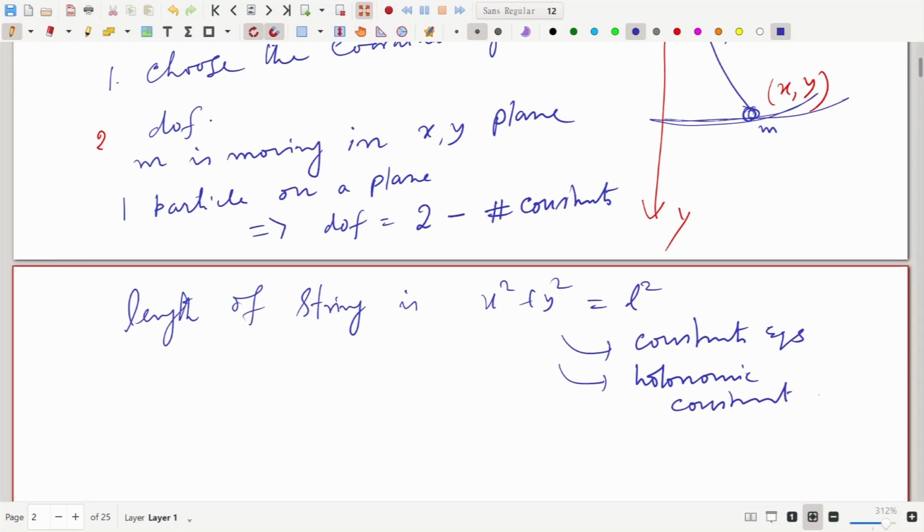Okay. So, the degrees of freedom is 1. So, eventually the Lagrangian we obtain will contain only 1 degree of freedom, 1 generalized coordinate.